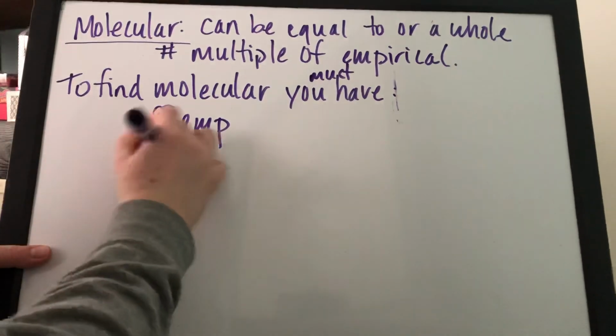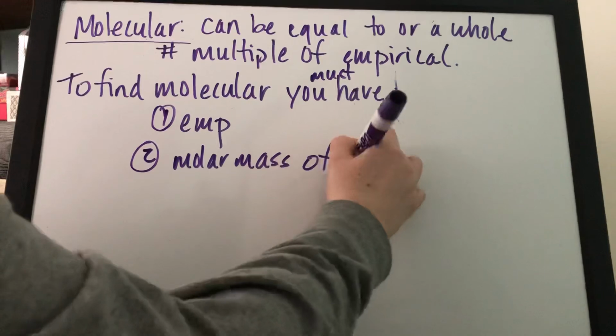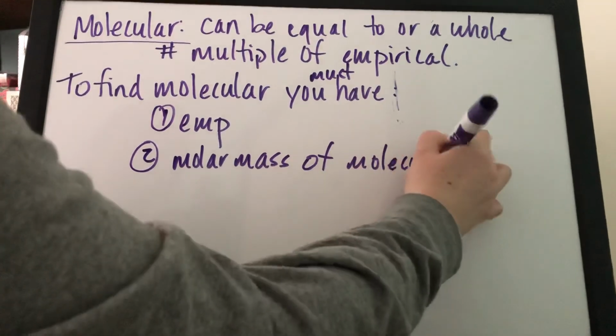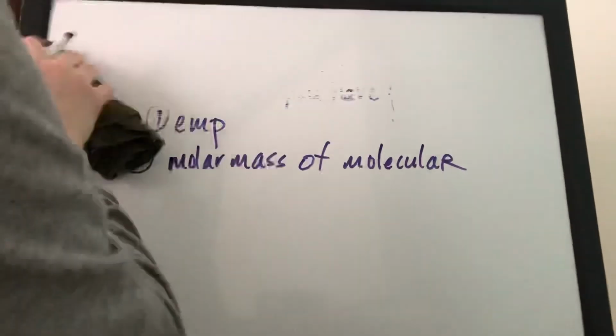And then 2, you must have the molar mass of the molecular. Okay, so this is very important. It's something that you need to remember. To find a molecular formula, you have to have the empirical formula and you have to have the molar mass. So if you don't have an empirical formula, you obviously have to find an empirical first before you can talk about figuring out a molecular formula. So we'll do a quick example and we'll be done.